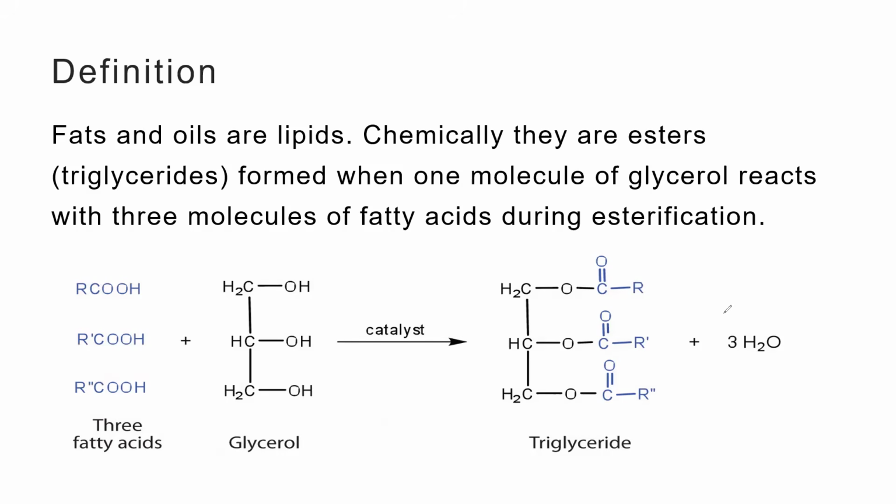You may begin to wonder, what does R mean? And what is even R prime? And worst of all, R prime prime, right? Now, R represents the hydrocarbon portion of the acid, the part that contains the carbon and hydrogen.